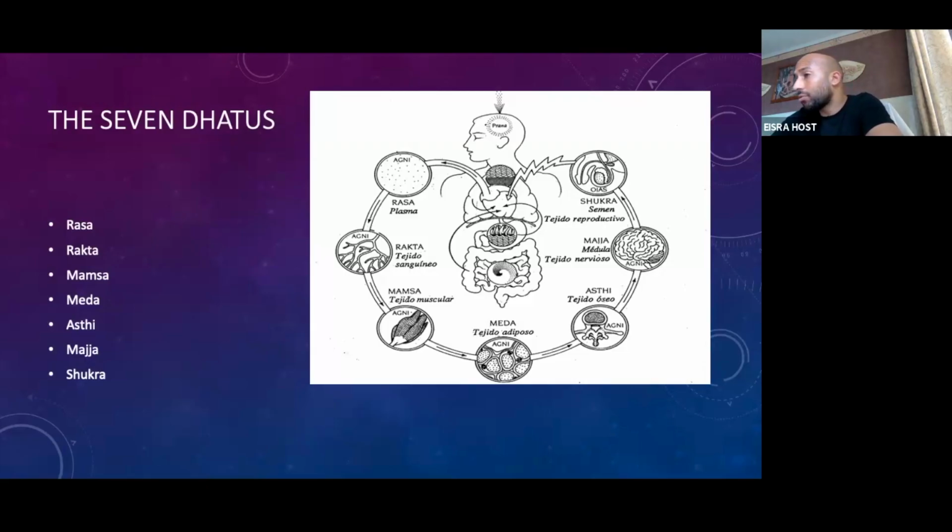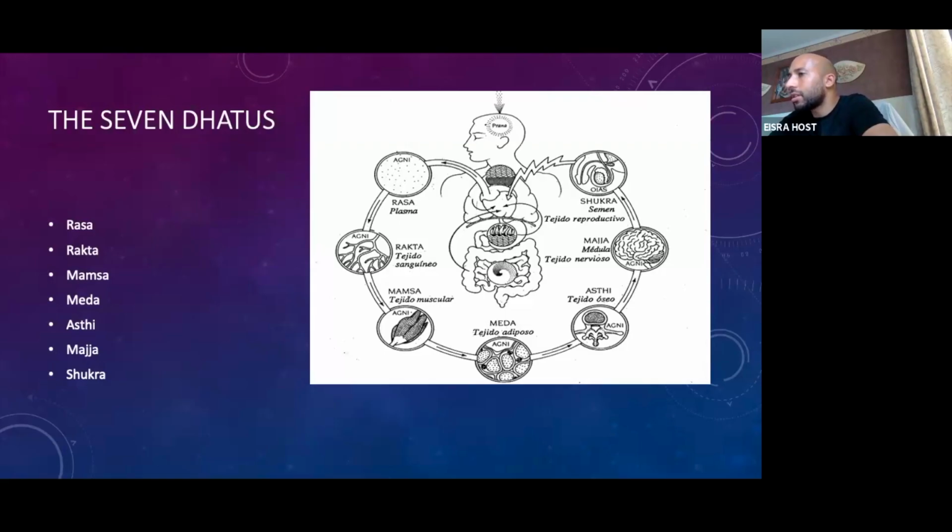And shukra dhatu is dependent on the quality of the nervous tissue. That is dependent on the quality of the bone tissue, asti dhatu. That is dependent on the quality of the fat tissue, meda dhatu, which depends on muscle tissue, mamsa dhatu, which depends on blood tissue, rakta dhatu, which depends on the quality of rasa dhatu, the fluids of the body.